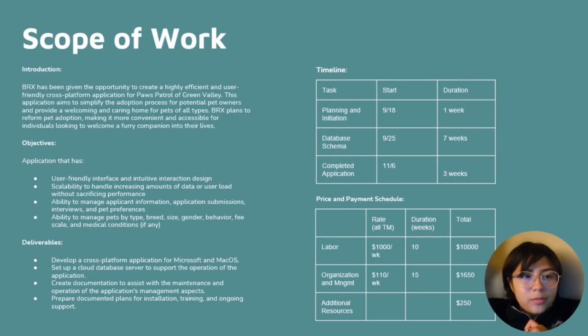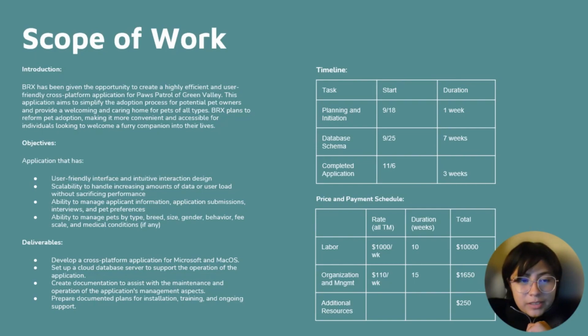So here is our scope of work. Basically, to go over our introduction, we're going to be creating a cross-platform application for Paws Patrols of Green Valley that will take in applicant information and preferences and then connect them with a matching pet that is available for adoption.